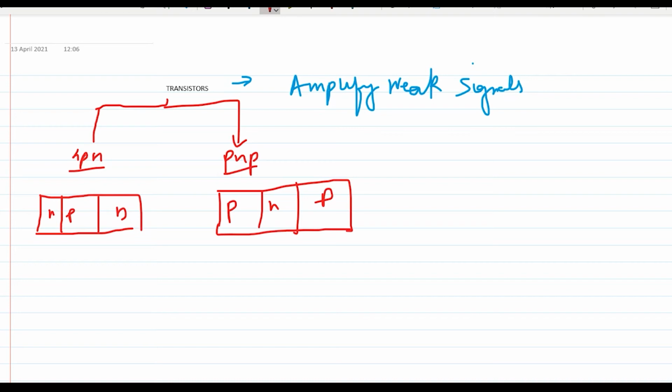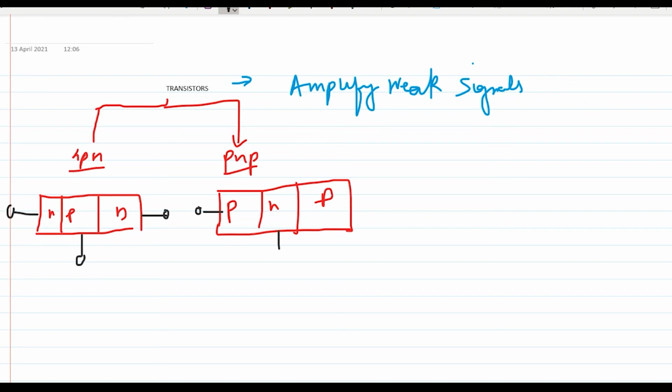So this is the formation of a transistor. By this you can see that it has three terminals: 1, 2, 3.